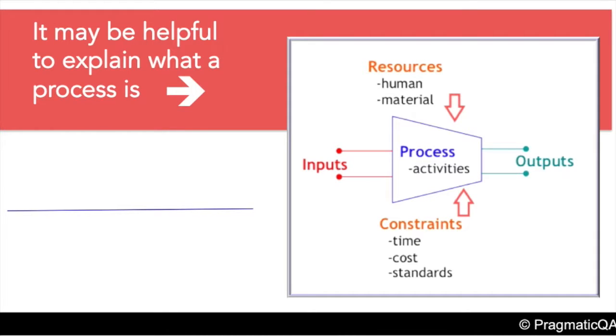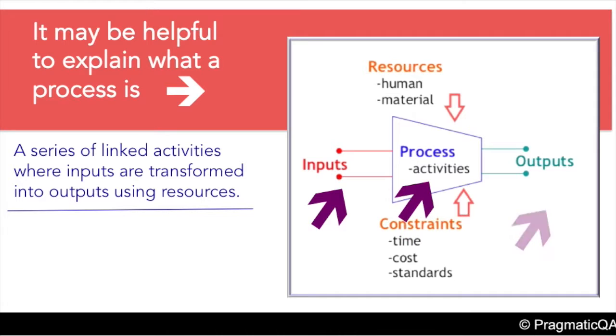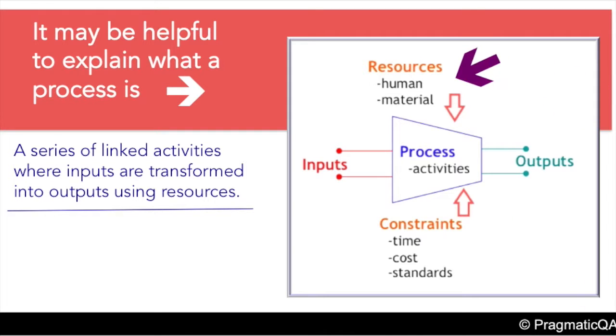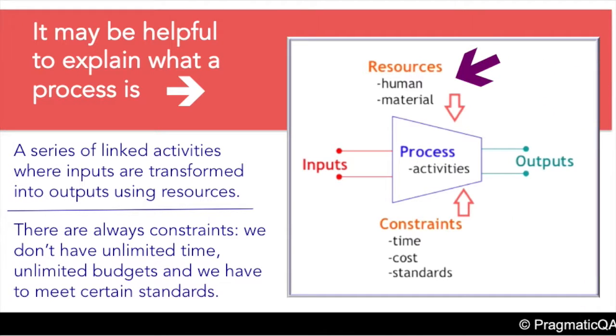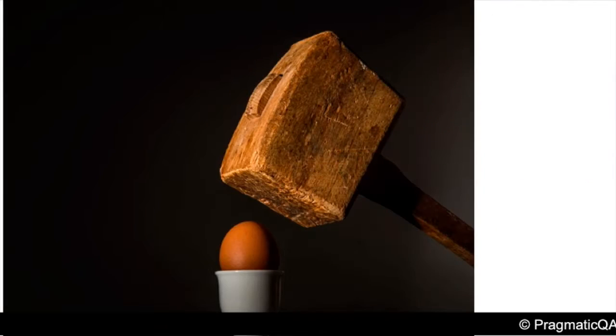But now it may be helpful to explain what a process is. It's simply a series of linked activities where inputs are transformed to outputs using resources. There are always constraints. We don't have unlimited time, unlimited budgets, and we have to meet certain standards.